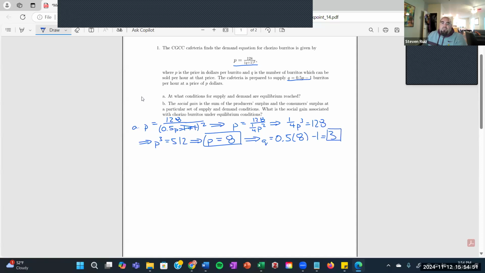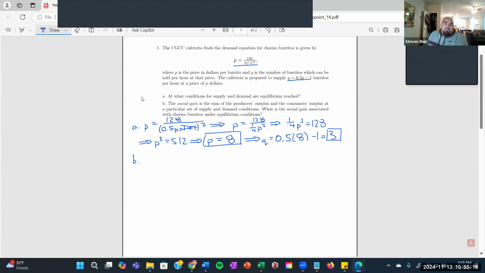So these are my equilibrium conditions. So at a price point of $8, we're going to supply 3 burritos per hour. And since we're at equilibrium, that means that I'm supplying that many, and those are going to be bought. That's how many are going to be demanded by the customers.